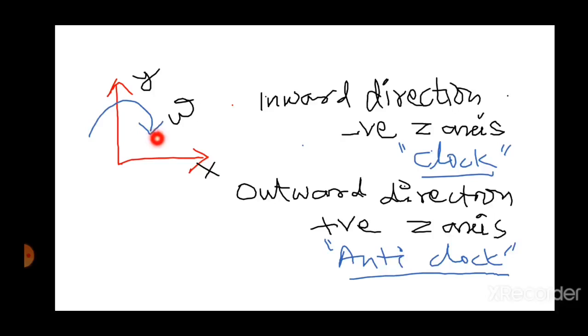The angular velocity of the particle is omega. Now we have to use the corkscrew rule. Take a screw, rotate in clockwise direction, the direction of the screw is inward along the negative z axis.